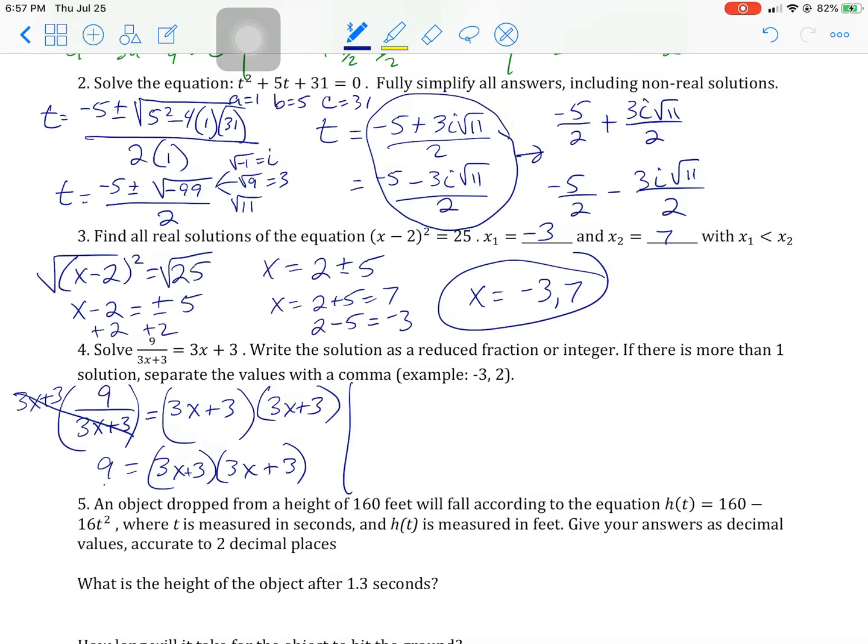All right, so let's FOIL. So 3x times 3x is 9x squared, and then we have 9x plus 9x, which is a positive 18x, and then 3 times 3 is 9.